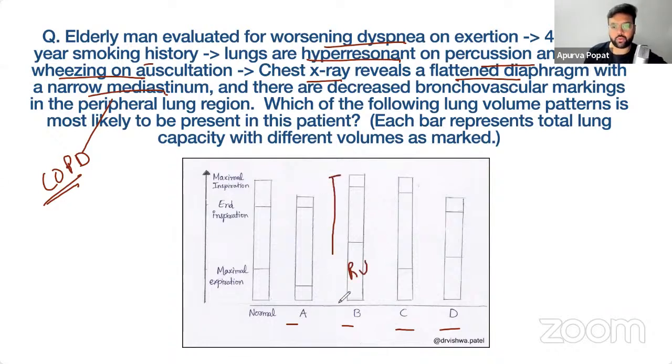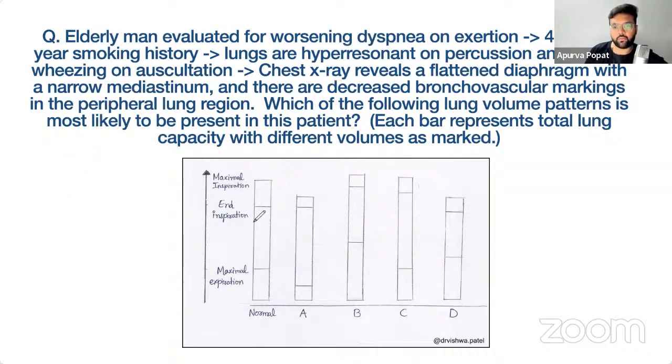Very good. So total lung capacity has increased and residual volume has also increased. Okay, so this is residual volume, this is vital capacity, and what is this? So this is tidal. What is this one?